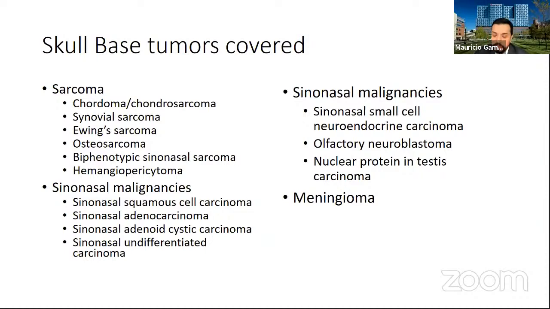There are these newer entities, especially in the sinonasal area, where we start to know that they can have some genetic abnormalities, some chromosomal abnormalities that can help to identify some potential targeted therapy or systemic therapy. Other entities like SNOX, where we know now that with better radiation techniques we have better local control, these patients tend to fail distantly.